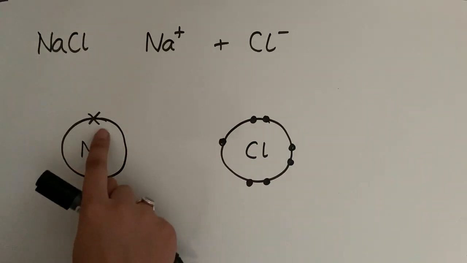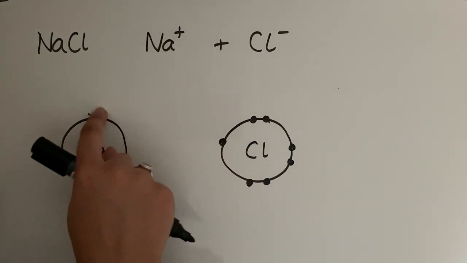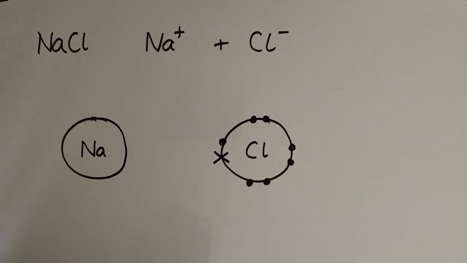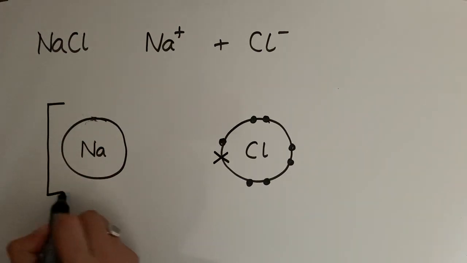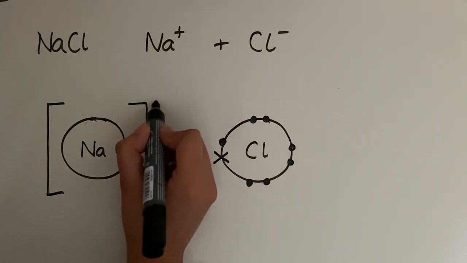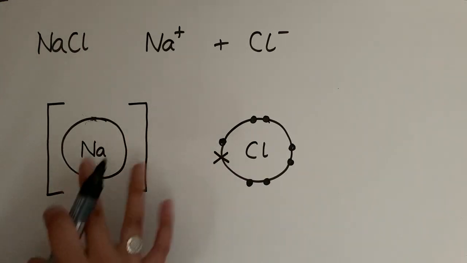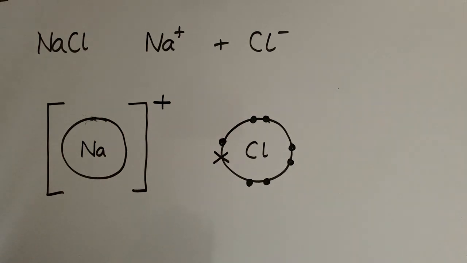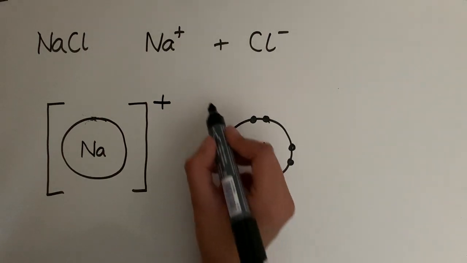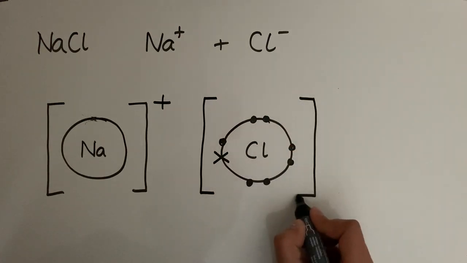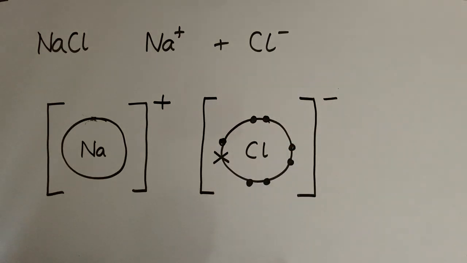So we lose this electron, and it goes over here. Because I've lost an electron, I've formed an ion. We show this by putting square brackets around it, and because we've lost an electron, we're left with a positively charged ion. Over here, because we've gained an electron, again we've formed an ion, and we now have a negative charge.